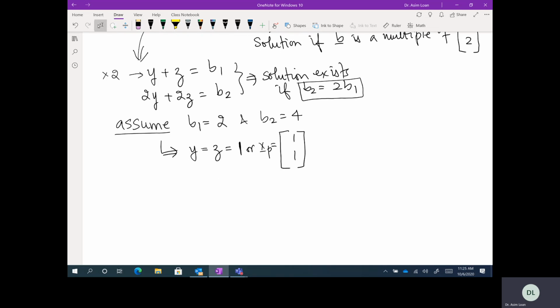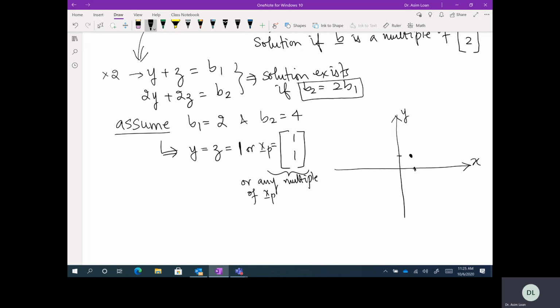Okay. And if you want to draw this over here, so this is x, this is y. So this is 1, this is 1, this is a point here. So xp is equal to 1, 1, or any multiple of xp is a solution. Is this all right?